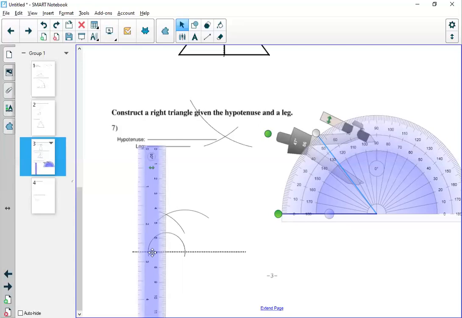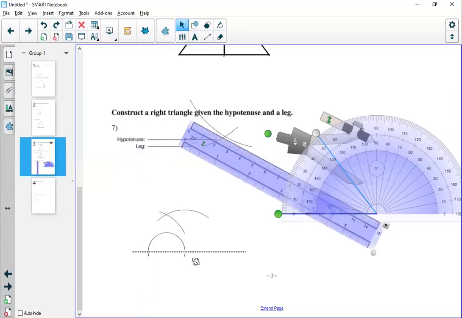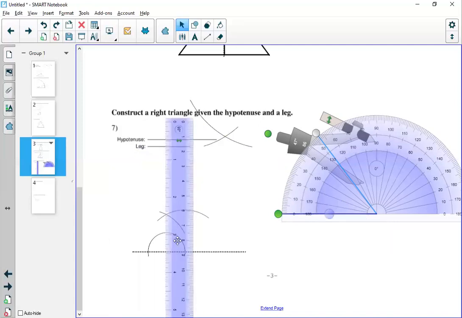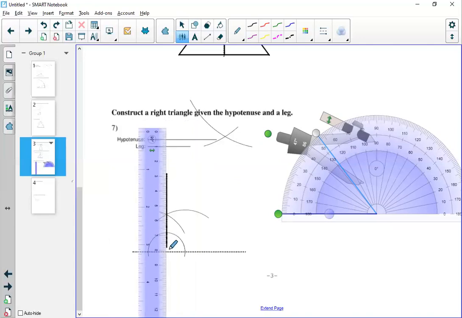Okay, before we do this, let me go ahead and just draw a continuous straight line that will pass through the point of intersection of those arcs down to this point.